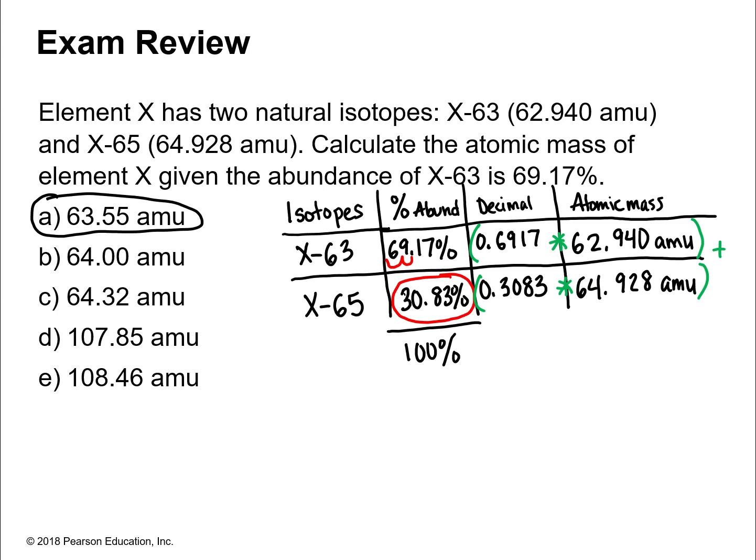So to recap, we filled in all the information that we knew. We were not directly given the percent abundance of X65. However, because we know that the percent abundance has to equal 100%, we can subtract the percent abundance of X63 from 100, and that will give us the remaining percentage for X65.